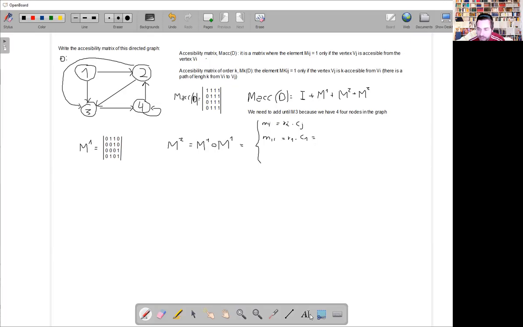And this is the same as the first row, which is 0, 1, 1, 0, multiplied by the first column, which is all zeros, right?